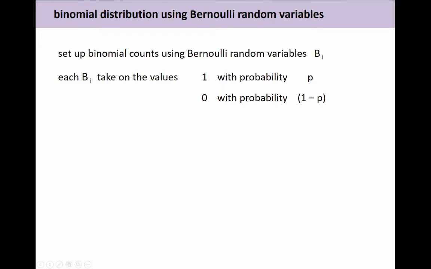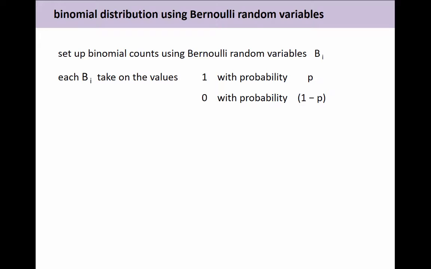In order to work with means and variances for counts and proportions, we're going to use a clever set of random variables named after the members of the Italian-Swiss Bernoulli family. You may be familiar with the work of the Bernoullis from studies of physics.